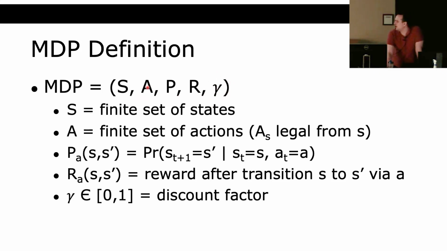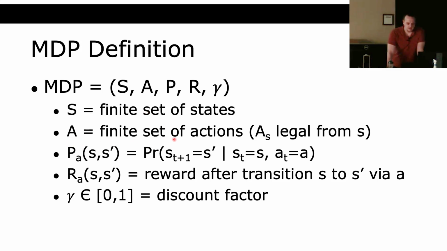How I remember this is I say in my head SAPRI, because I don't want to say SAPR gamma. If you ever get on an exam and have to recall the 5 things, I just say SAPRI, and then I remember what those letters sort of mean, so I can write it down from there. So S is the finite set of states that you're working with in the environment. So this is all the states that are possible in the environment.